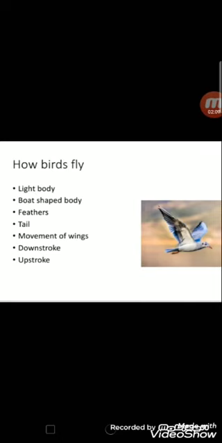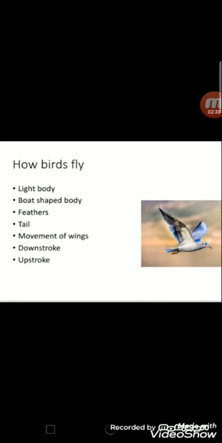First topic is how birds fly. Birds fly with different features, and the special body features are light body, boat shaped body, feathers, tail, and movement of wings. Light body means their bones are hollow, so their body becomes very light in weight.